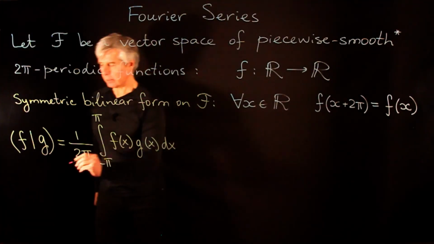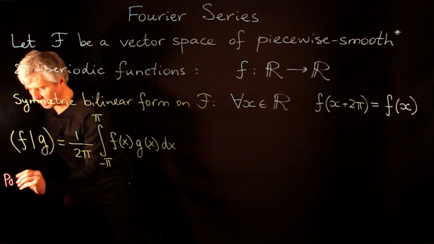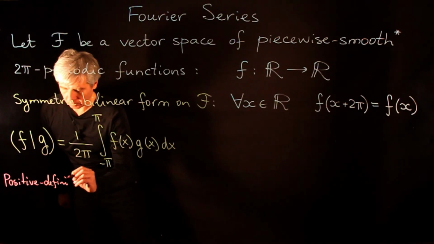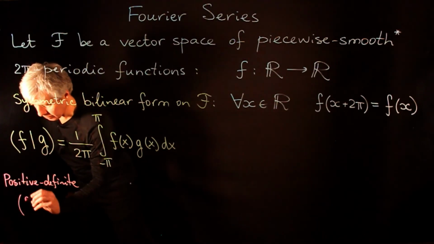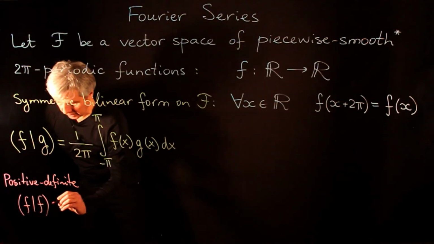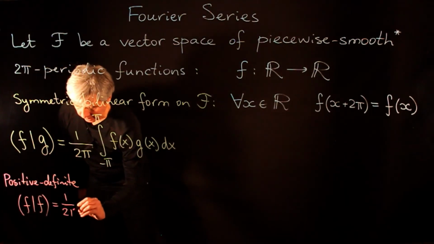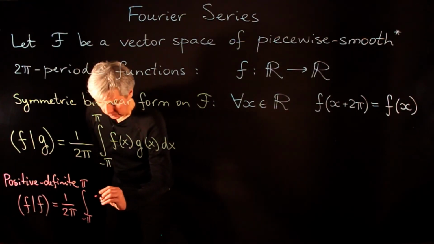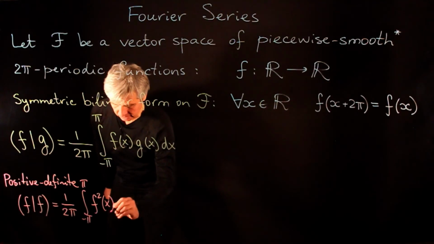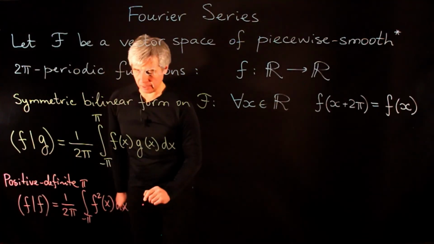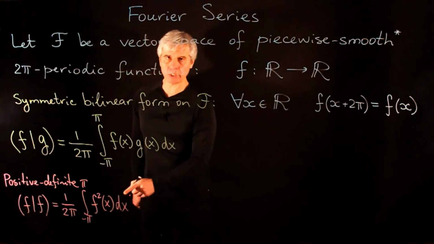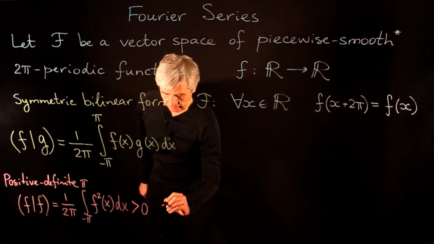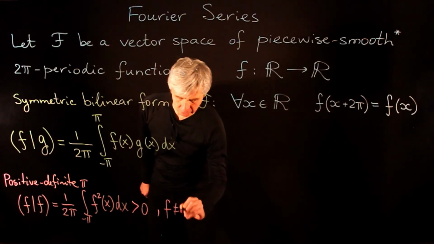It is easy to check that this bilinear form is positive definite. So if we take f with itself, then this is 1 over 2 pi integral from minus pi to pi f squared of x dx. And when we integrate a positive function, then the result is positive. So this is greater than 0 when f is a non-zero function.